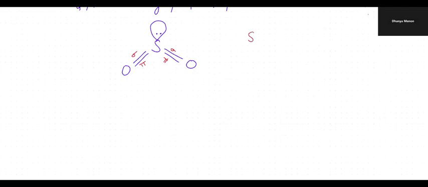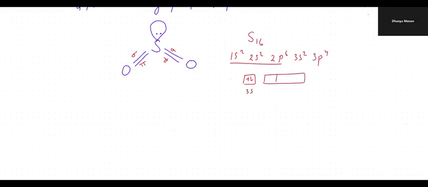Sulfur is 16, so 1s2, 2s2, 2p6, 3s2, 3p4. We don't take the inner orbitals, we just take 3s2 and 3p4.